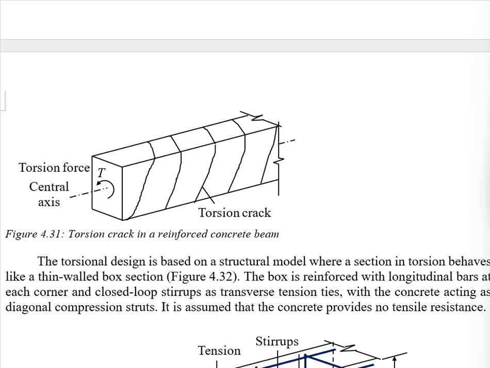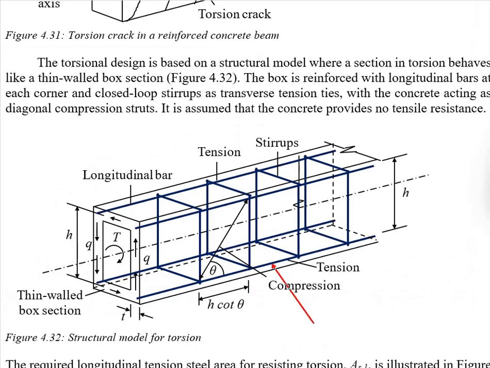Now, in order to control the development of the crack, you need the longitudinal bar as well as the shear link as the reinforcement. This reinforcement acts as the tension member in reinforced concrete, assuming the concrete carries no tensile force. All the tensile stress shall be taken by this reinforcement.